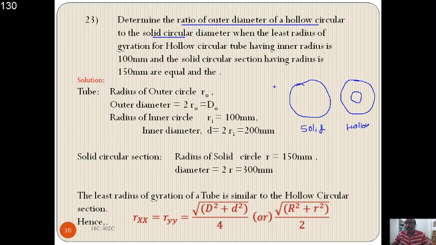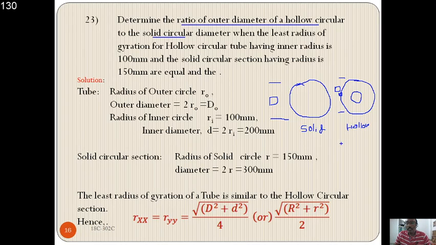For the solid section and hollow circular section, he is asking about the ratio of this D, and for this hollow circular section, this will be the outer dia D naught.